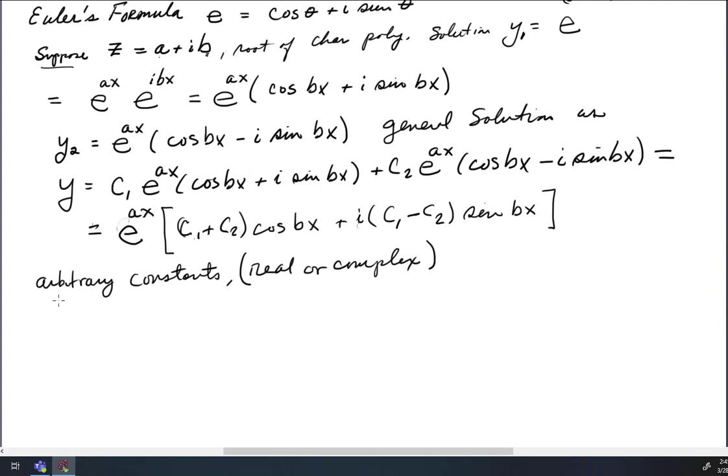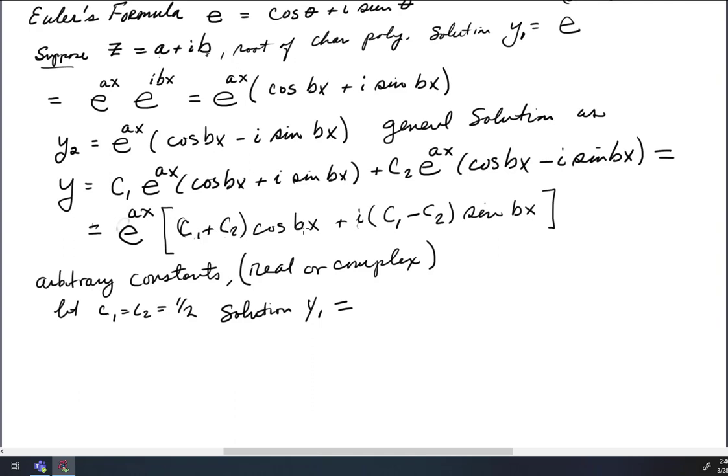And so if we would let c1 equal c2 equal 1/2, then we would have a solution. And I guess I'll call this y1, because I'm going to get a second solution for us here in just a minute. We would have a solution that would look like what? c1 equals c2 equals 1/2, and so it's an e to the ax.